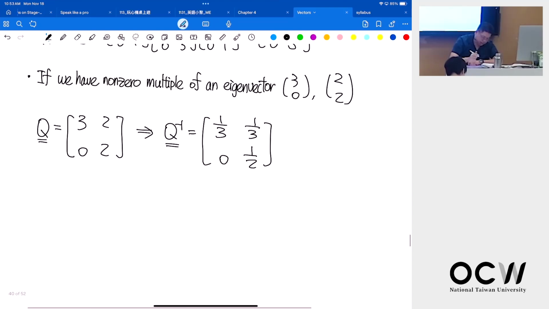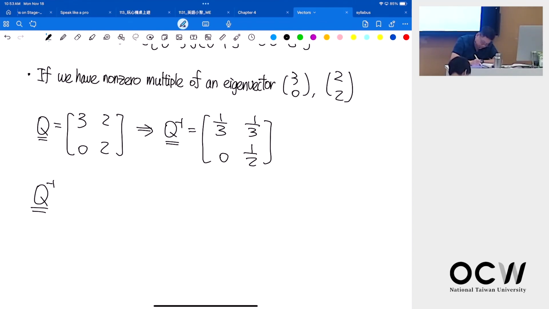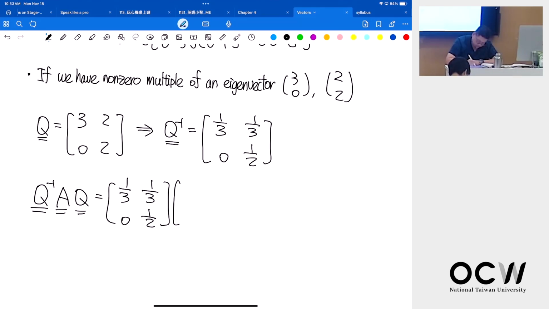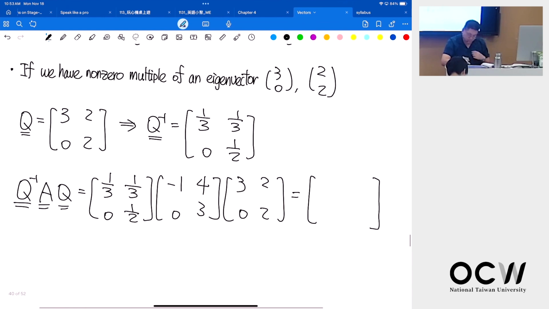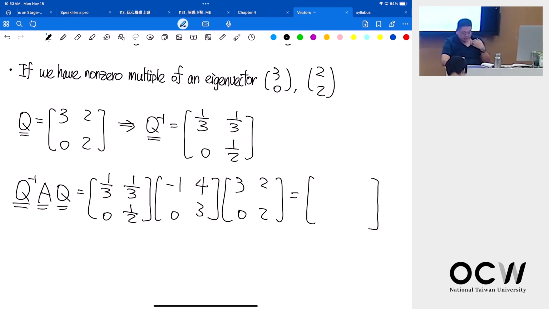Then Q inverse A Q: if I use Q, then Q inverse AQ will be -1, 0, 0, 3.